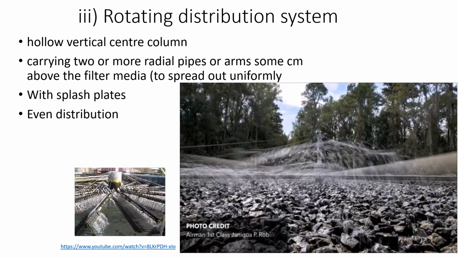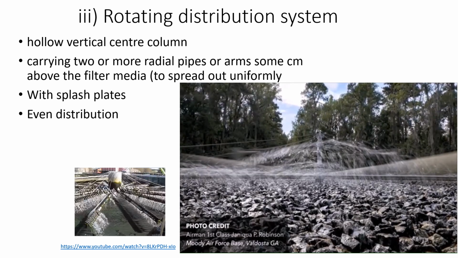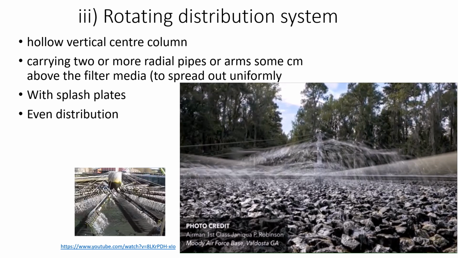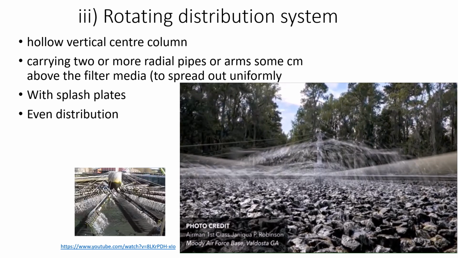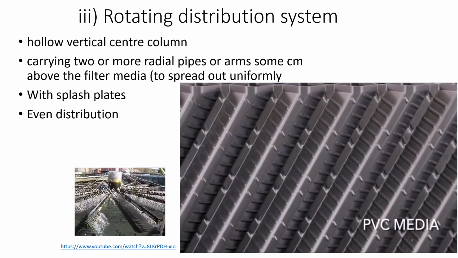The third important component in the trickling filters is the rotating distribution system. These rotating distribution systems help in spreading the wastewater uniformly on the filter media, whether it is a rock filter media or a plastic media.